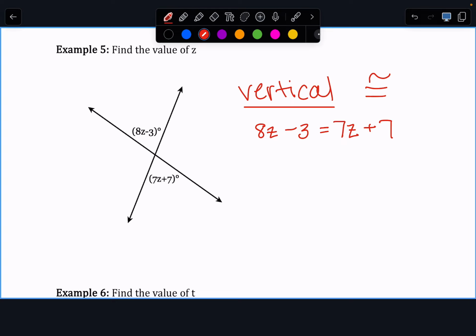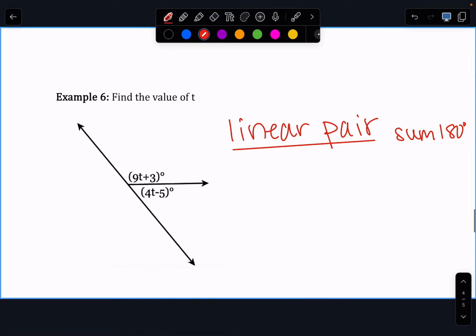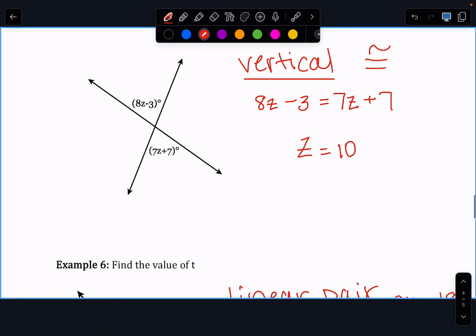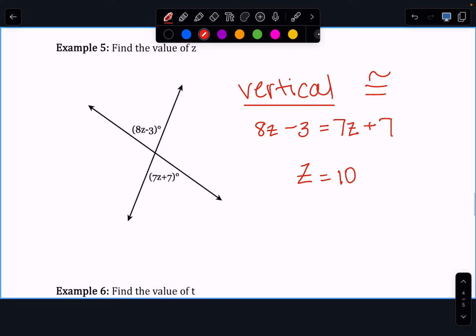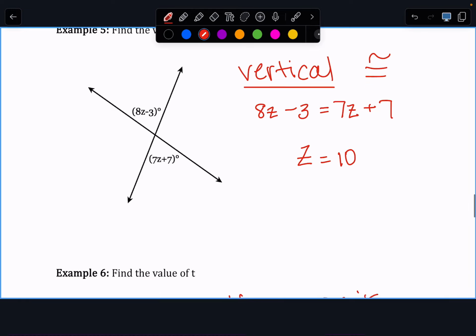Oh, I did not hear 13, I heard 3. All right, in number 5. Did you get Z equals 10? Yes. That's kind of lame. That wasn't a very exciting problem. Oh, minus 3. Okay. Don't do that.